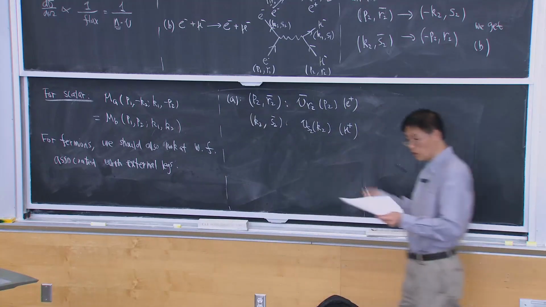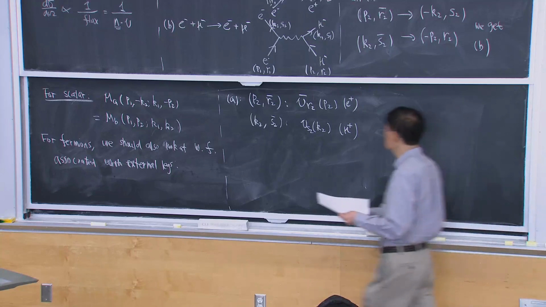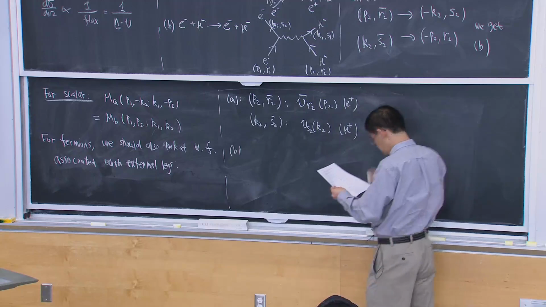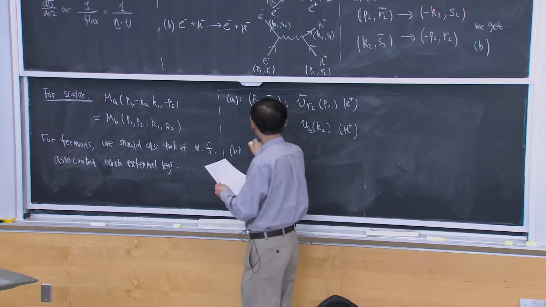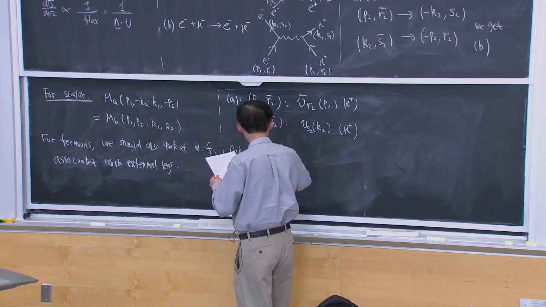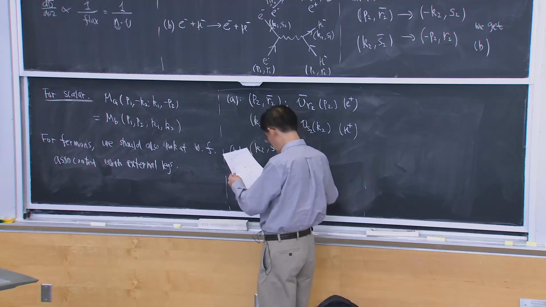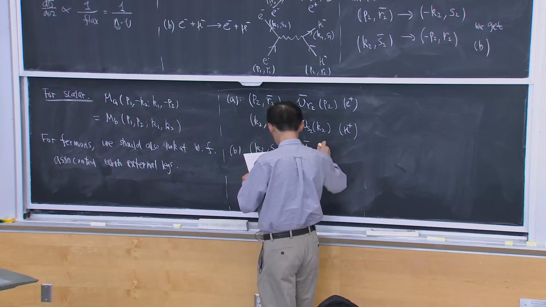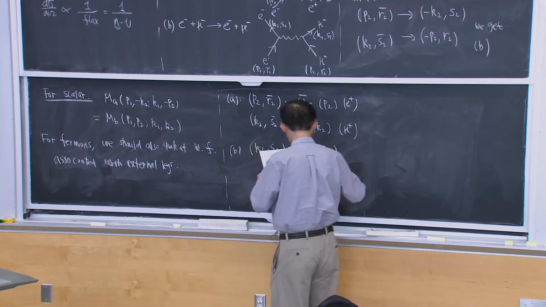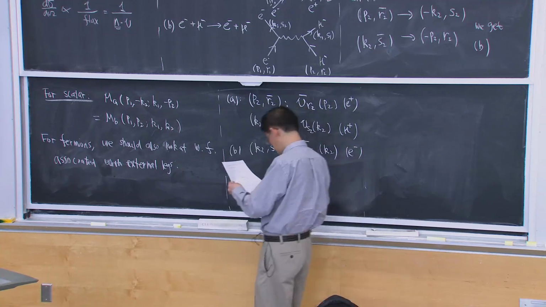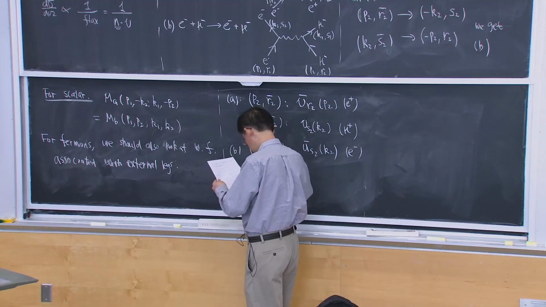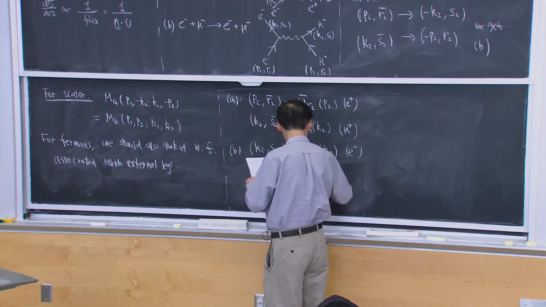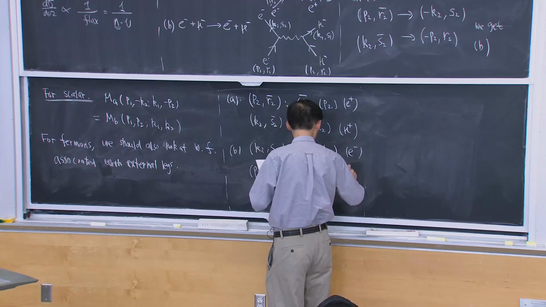According to our previous rule. But in B, the corresponding wave function for K2, S2 is U S2 bar K2. This corresponds to e minus, and for P2, R2 it corresponds to U R2 P2, mu minus.